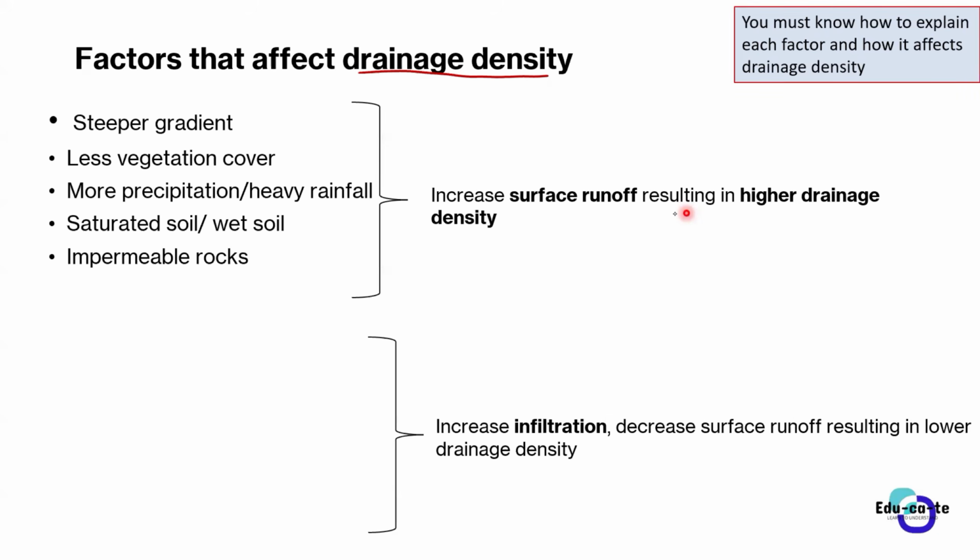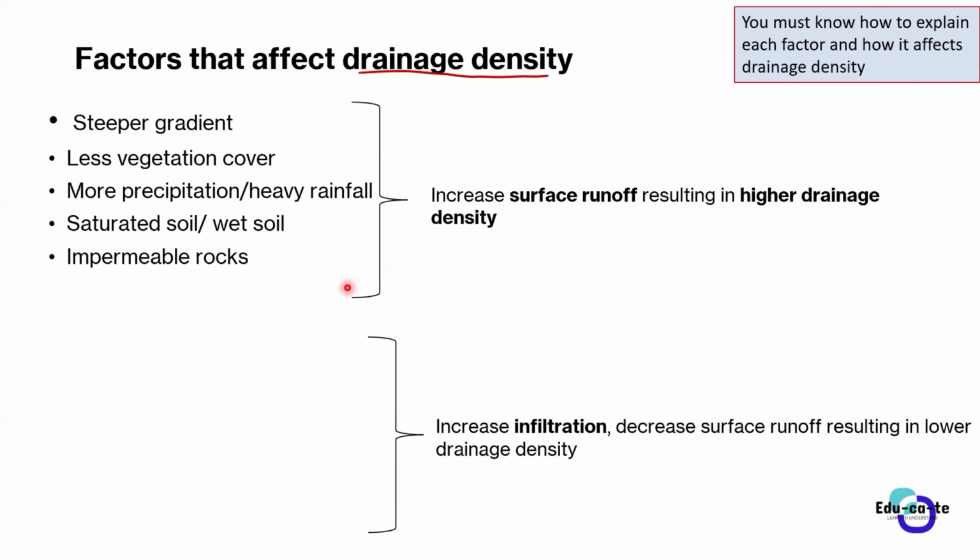You can also mention that there is less infiltration, but the most relevant part is the surface runoff, resulting in high drainage density. The reasoning is still the same. There is no other factor that can cause more water to flow over the area besides the factors that increase surface runoff. Okay, sir. Thank you.